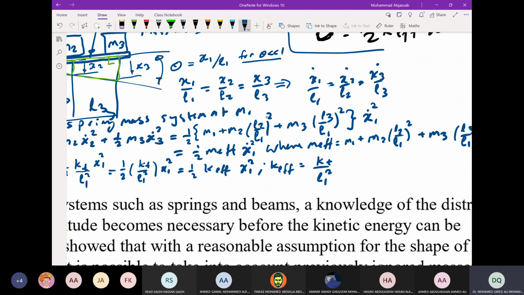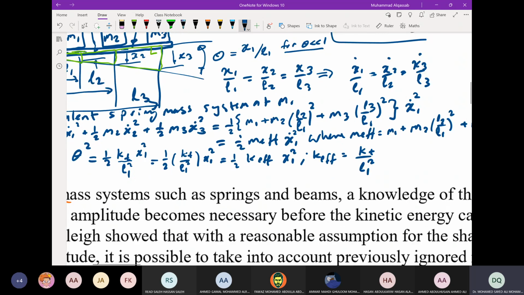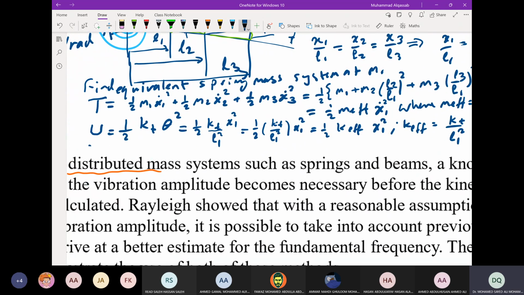So it is Newton meter per meter squared, which is going to be Newton per meter. And once you reach this system, you know that omega n equals the square root of K effective divided by M effective. Okay, that's it.